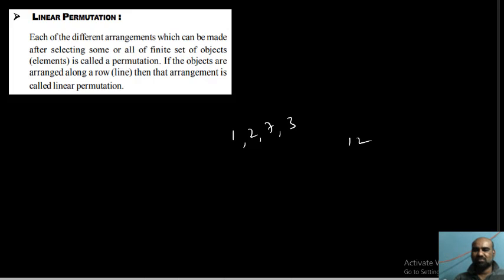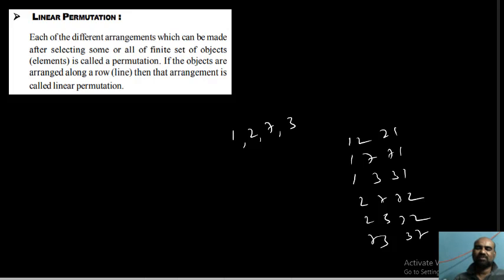So 12, 17, 13, 27, 23, 73, 21, 71, 31, 72, 32, 37. What happened here? 1, 2, 3, 4, 5, 6 plus 6, totally 12. That is mathematically written as 4P2 equal to 12.